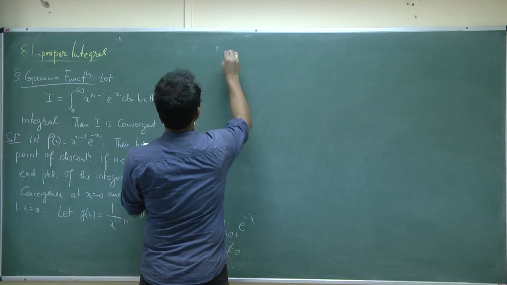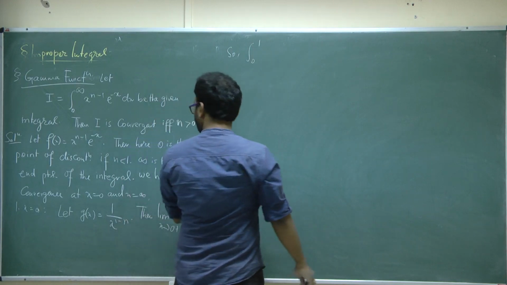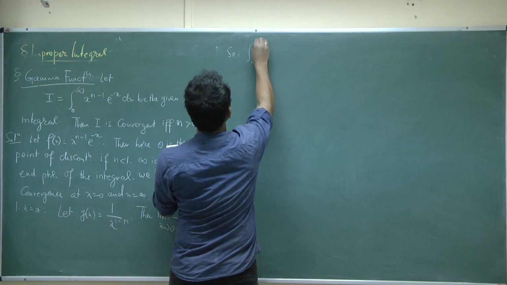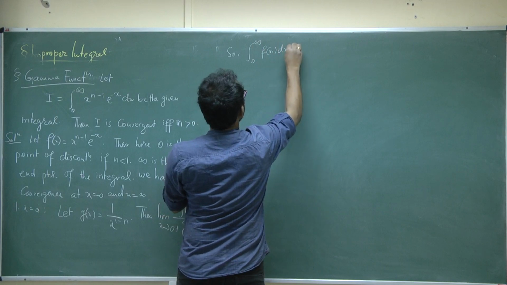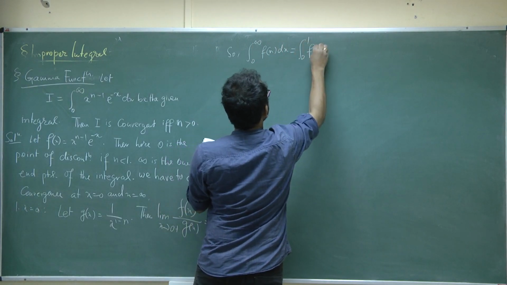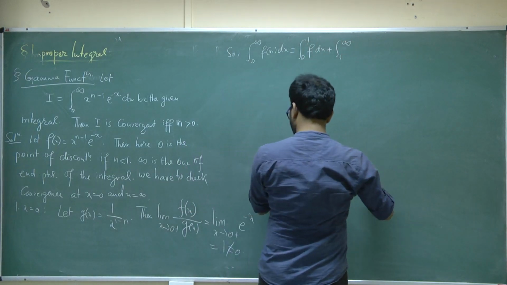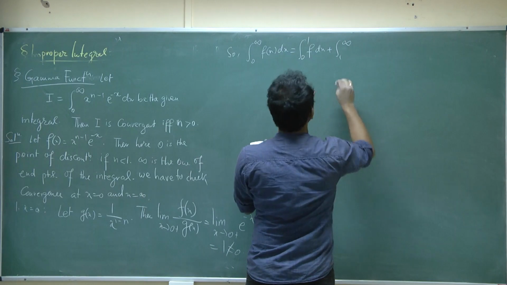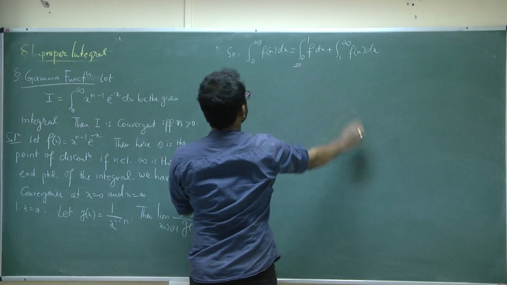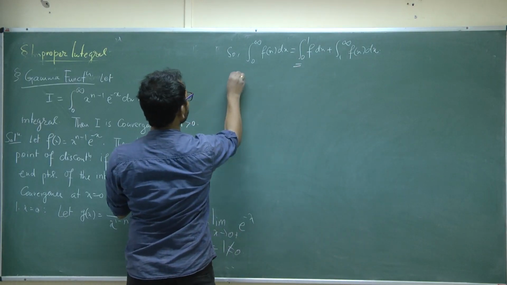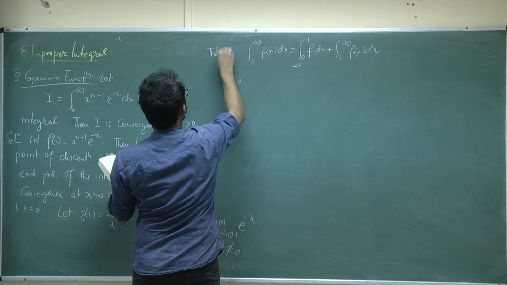Now, the integral from 0 to infinity can be written as the integral from 0 to 1 of f x dx plus the integral from 1 to infinity of f x dx, where we are checking the convergence at x equals 0.